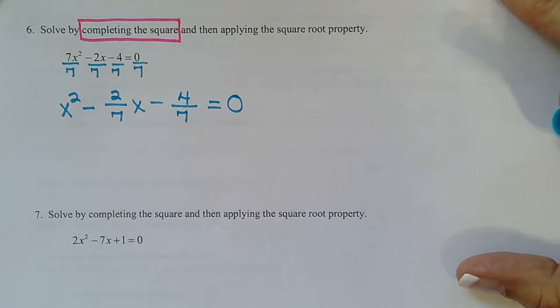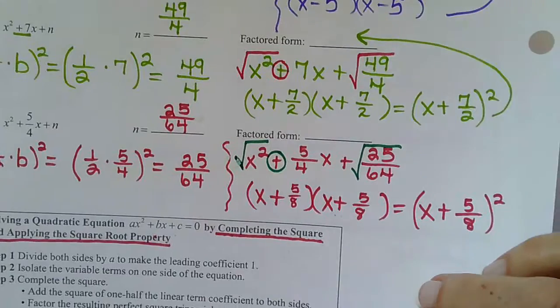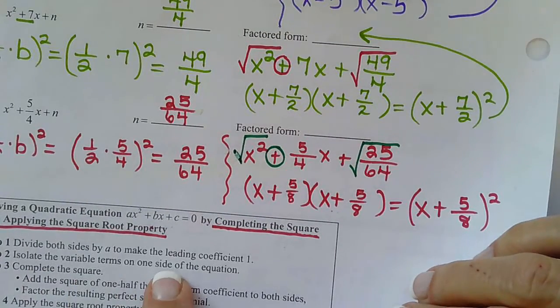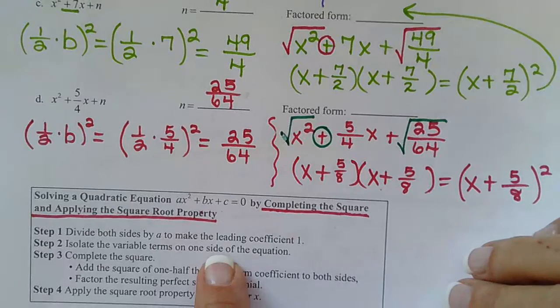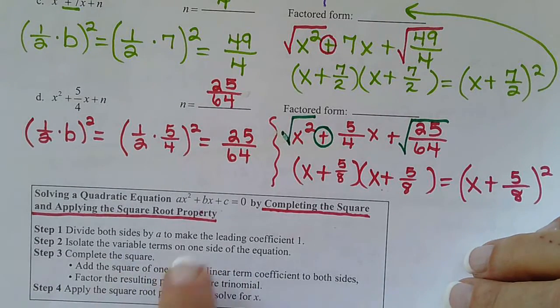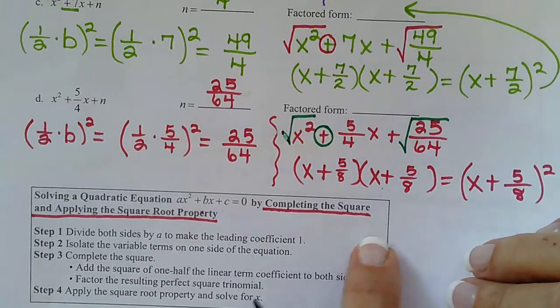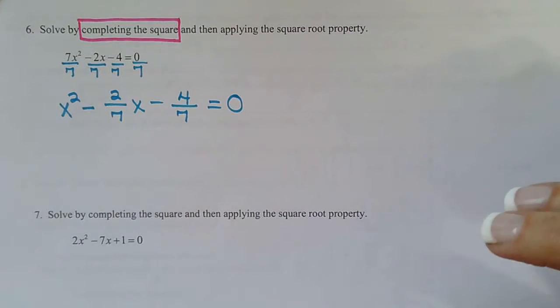Then step 2, if you look back at the steps, is x's on the left, constants on the right. So anything with an x stays left, anything that has no x moves to the right.